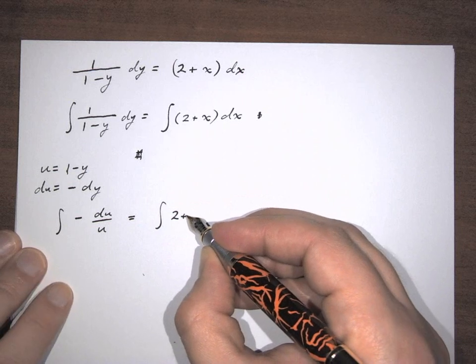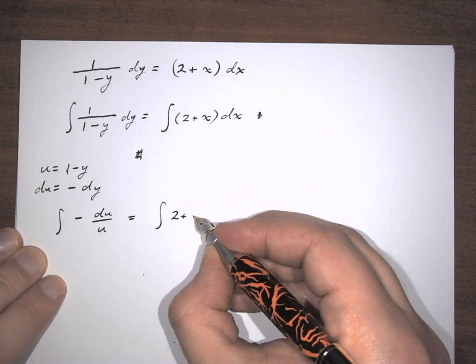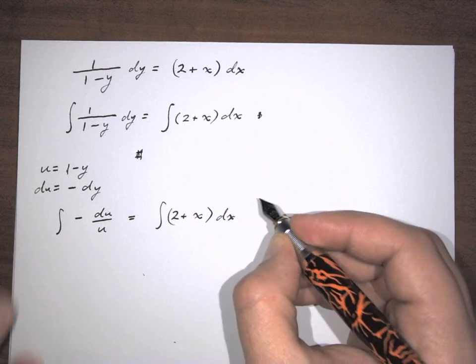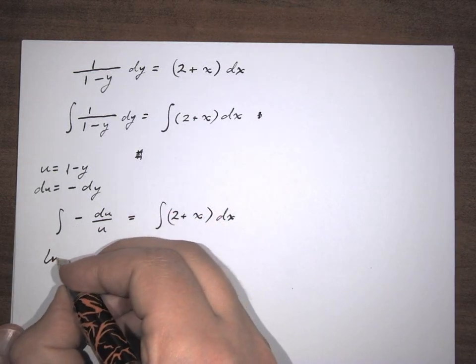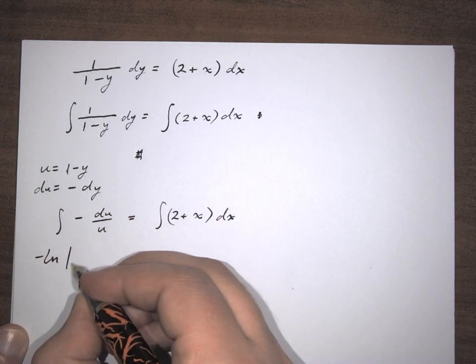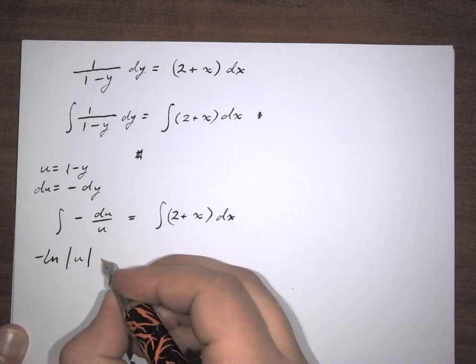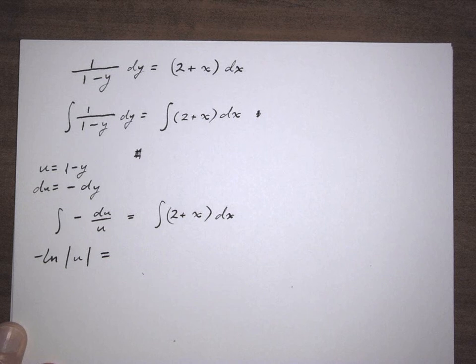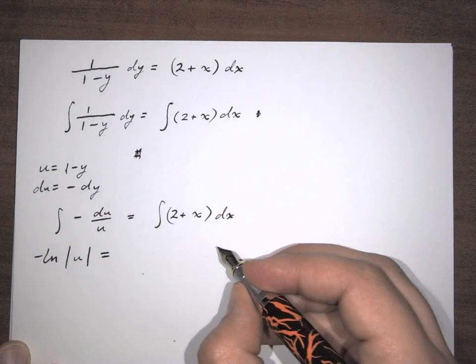As for the right-hand side, that's going to be a very easy one, 2 plus x dx. So here, what we've got is the negative natural log of the absolute value of u. Again, I'm not going to write the constant of integration even on the left. I'm going to put them all together on the right here.